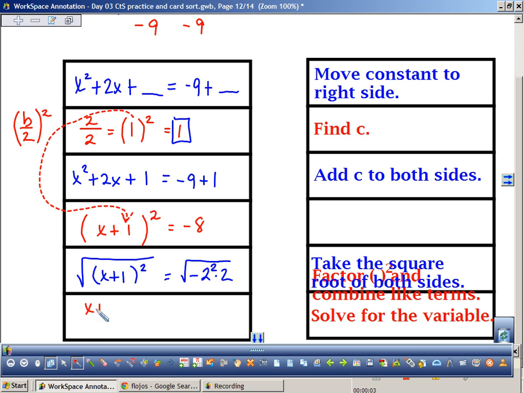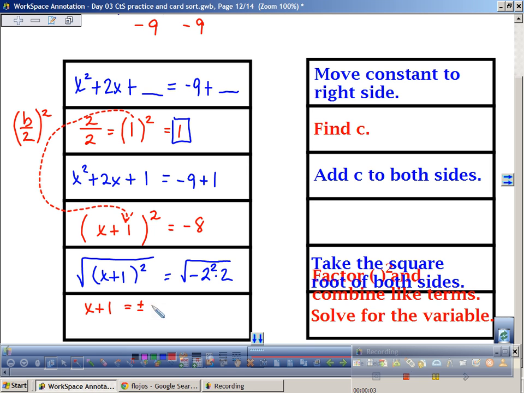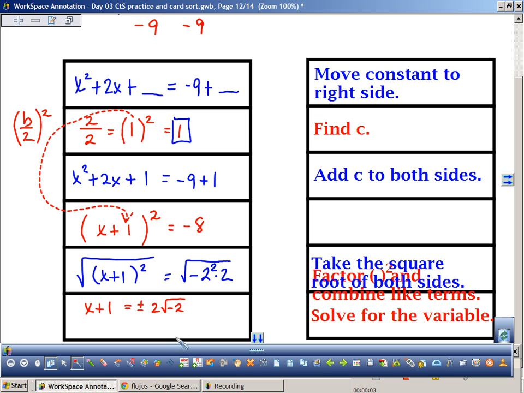So I've got x plus 1 equals plus or minus 2 square root of -2. Do I really want to split this up where it's x plus 1 equals positive 2 root 2 and x plus 1 equals negative? No, I can't really simplify it anymore.